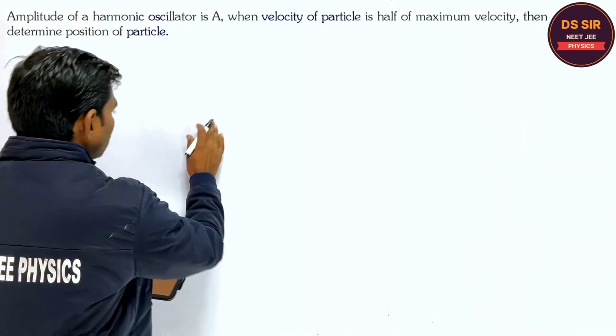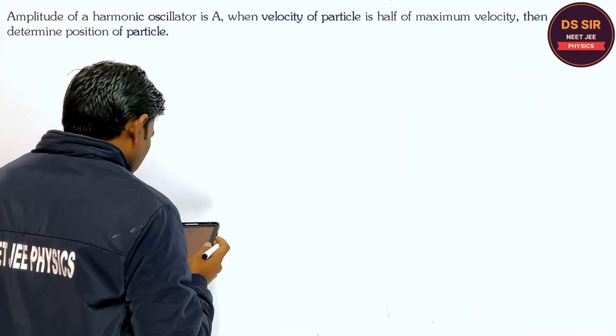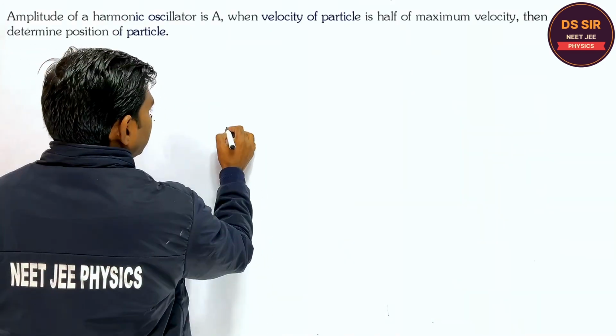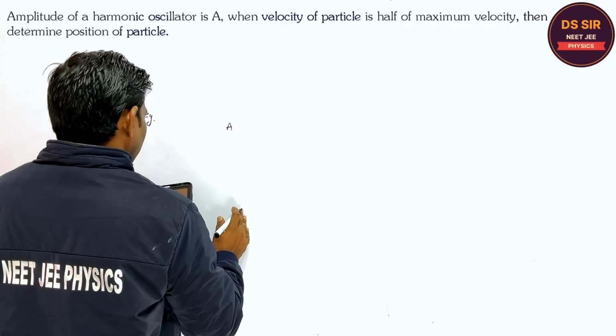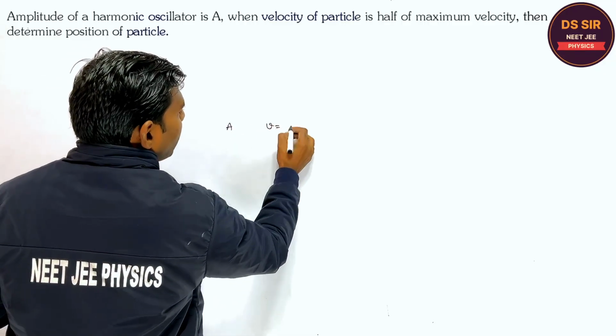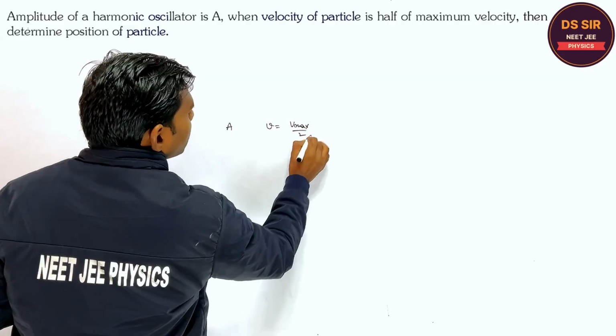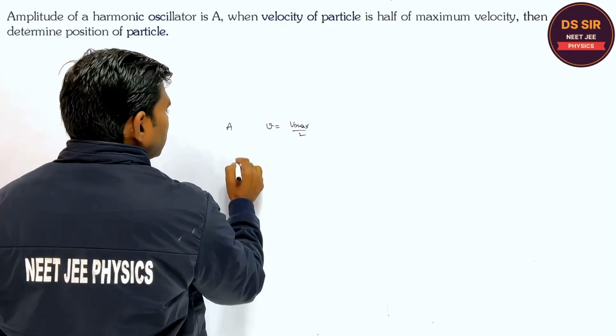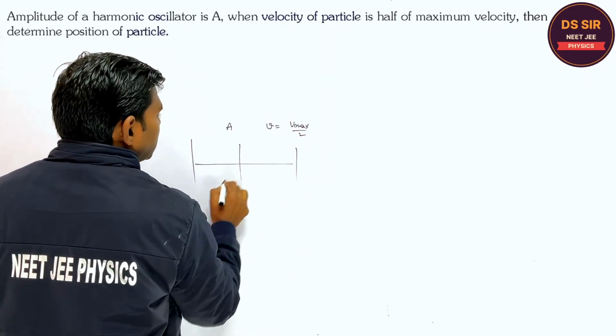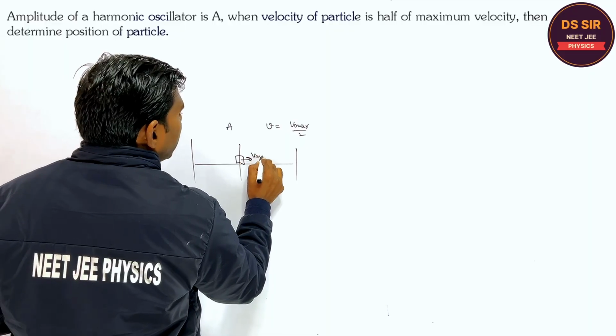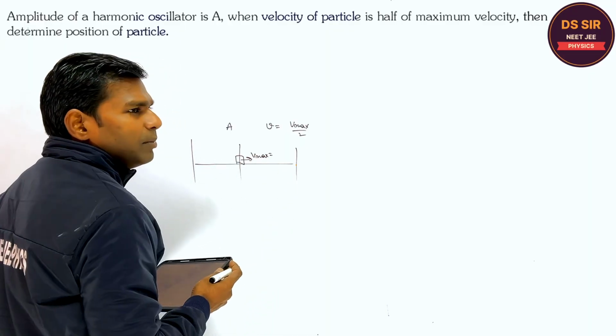Copy this. Read this question. For example, the amplitude of a harmonic oscillator is A and the velocity is half of the maximum velocity. Can you tell me what is the maximum velocity? The maximum velocity is at the mean position and its value is equal to what? Tell me.